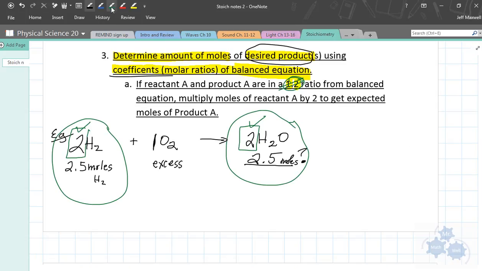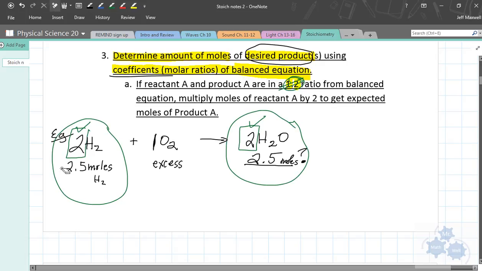So, you don't have to write this down, but now I'm going to change this, just to see if you understand. Now we're given 3.8 moles of oxygen gas.